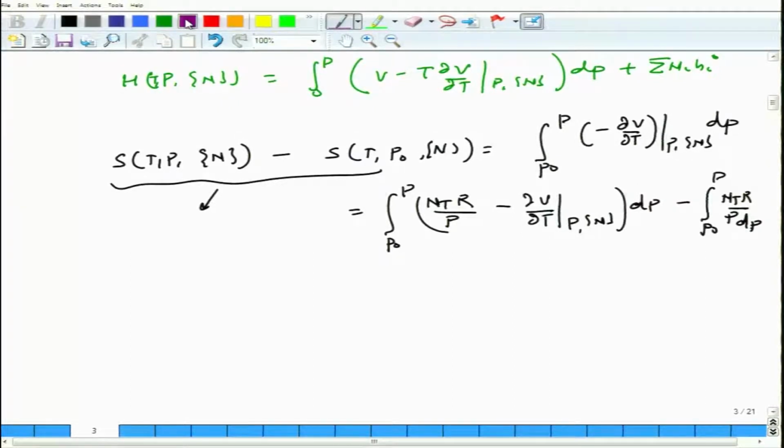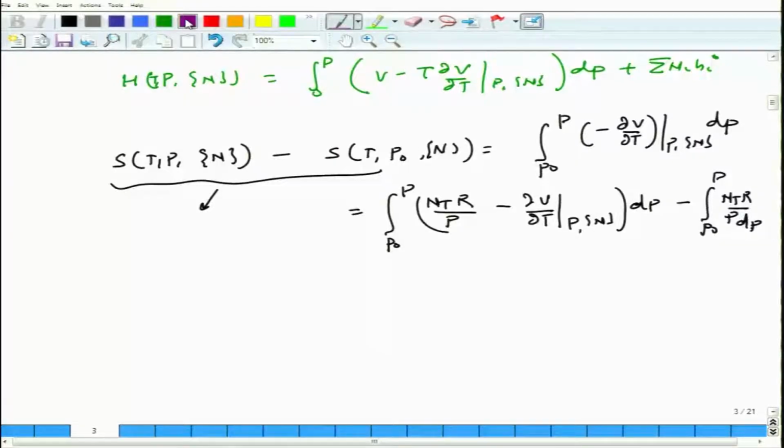We can go back to the original definition of entropy in differential form and assume that to be for an ideal gas mixture. So, dS is minus del V by del T at P, n, dP.